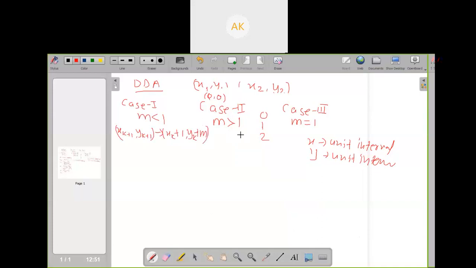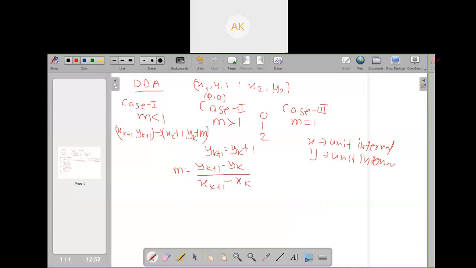When m is greater than 1, y moves in unit interval, meaning yk plus 1 equals yk plus 1. So m equals (yk plus 1 minus yk) divided by (xk plus 1 minus xk).